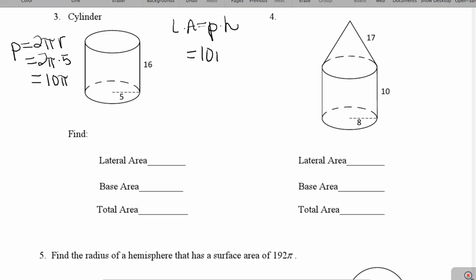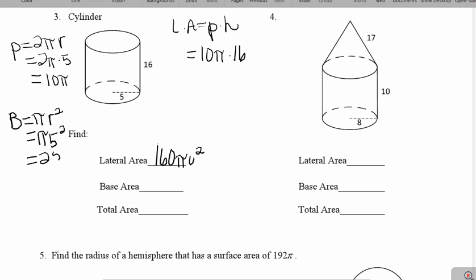So 10 pi times the height, which is 16, to get my final answer of 160 pi units squared for the lateral area of this cylinder. To calculate the area of the base, I'm going to use the area of a circle formula, pi r squared. I'm going to substitute 5 in for my radius to get a final answer of 25 pi units squared for the area of my base.